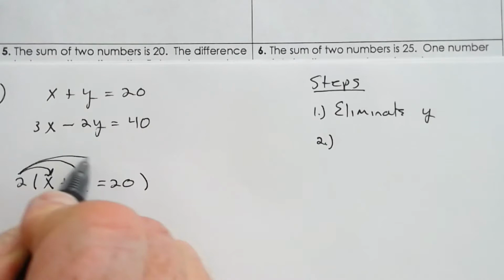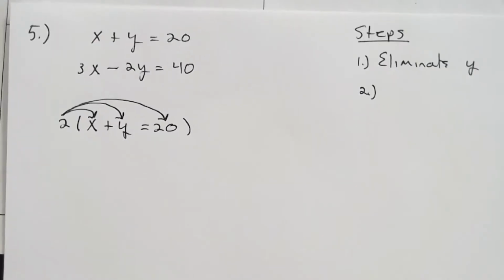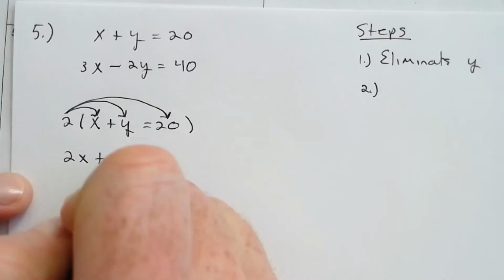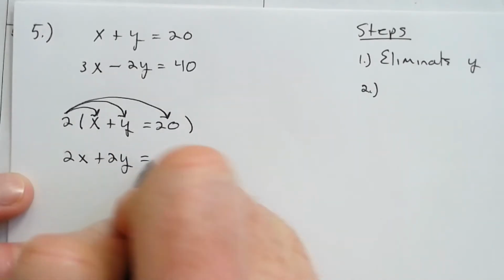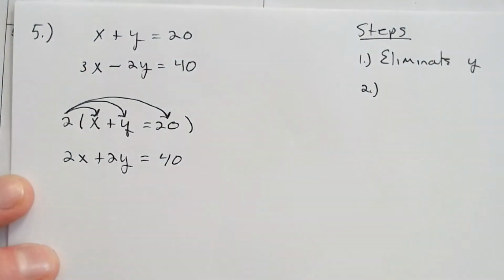Don't forget to offset the whole equation in parentheses, and then make sure you distribute that 2 to each of those 3 terms. And so what we have here is 2x plus 2y is equal to 40. That's the result.